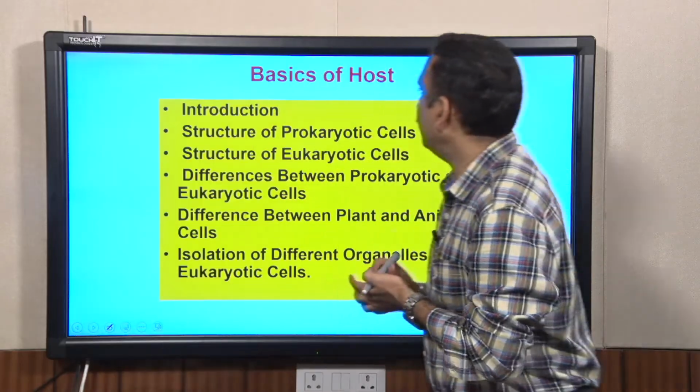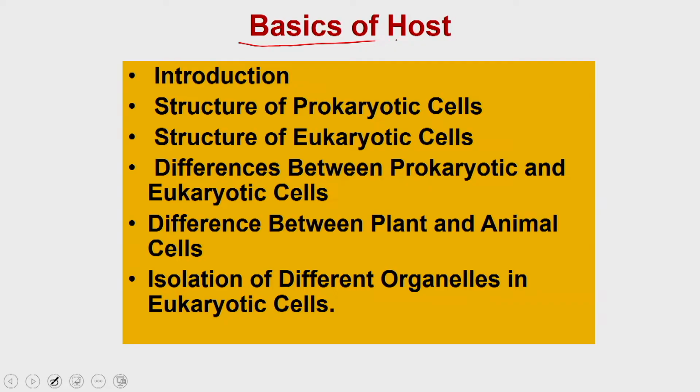So, in modules 1 and 2, we have discussed the basics of host. We initially discussed the introduction of biotechnology, how biotechnology is helping human society, and then the structure of prokaryotic cells and eukaryotic cells, and the differences between them.